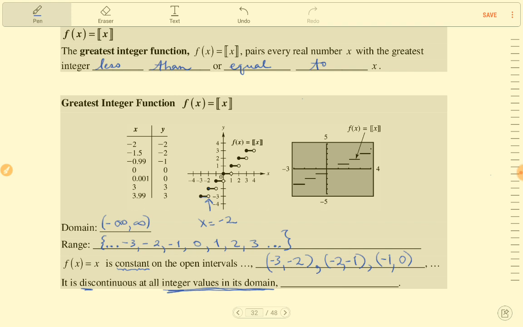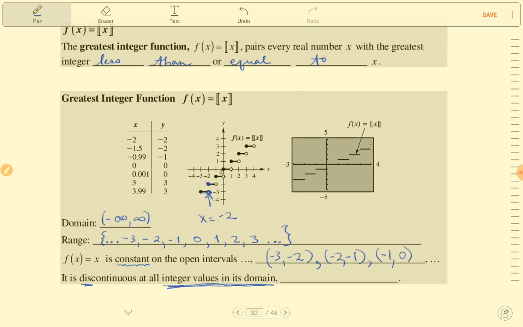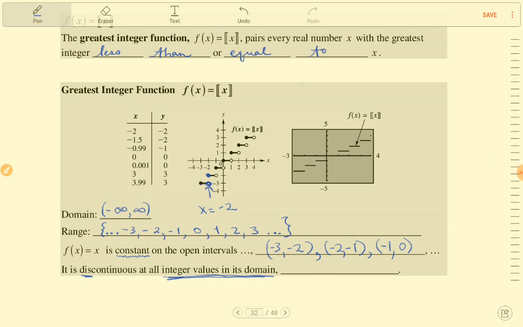So you have to actually pick up your pen to move to here. And that is called a discontinuity. So even though there is still a value available on the function to pair up with x equals -2, we had to make a jump to get to it. So then it is discontinuous at -2.